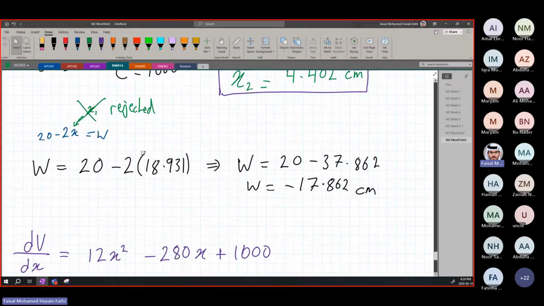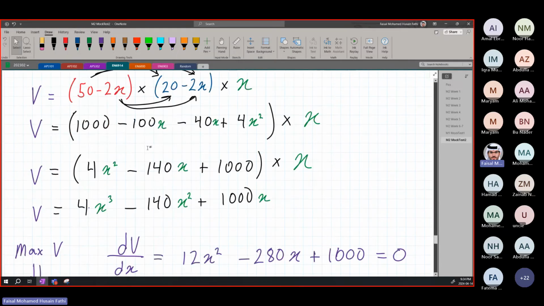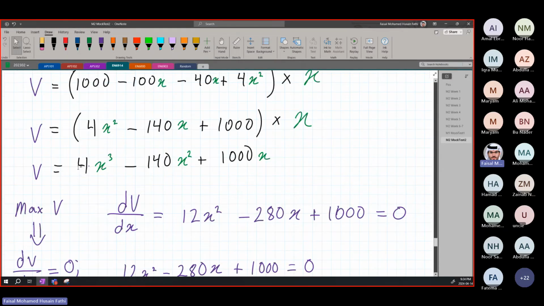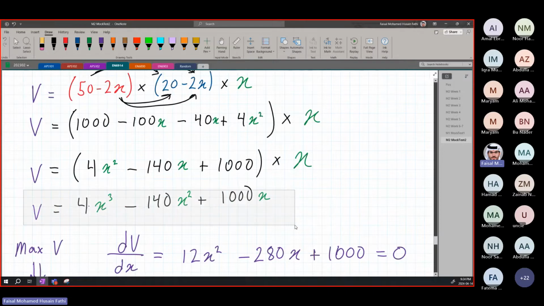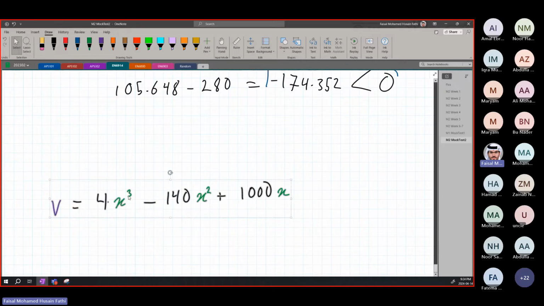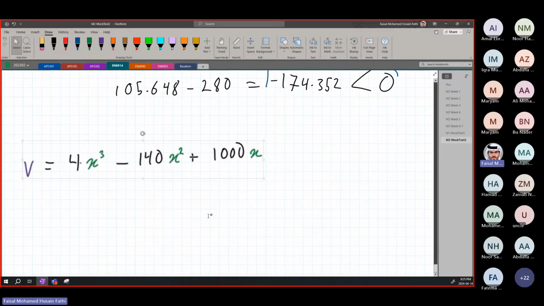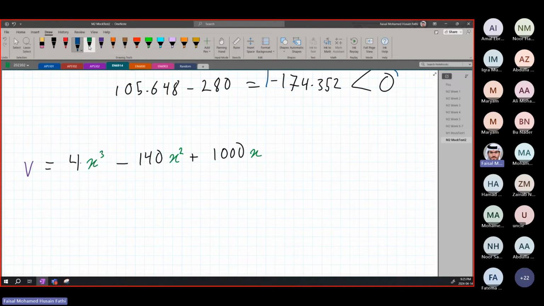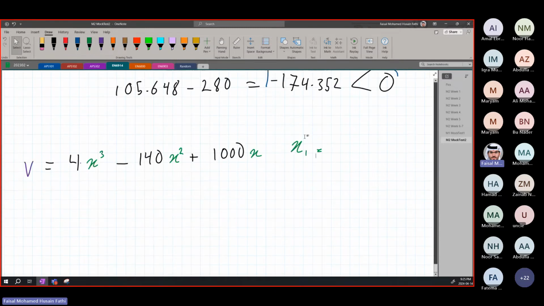If you notice, we checked it with the width. You can also check it with the volume equation. So this is our volume equation. If you want to check it through here, you can check it through here as well. If we substitute x1, which was equal to 18.931, you can test this out right now.